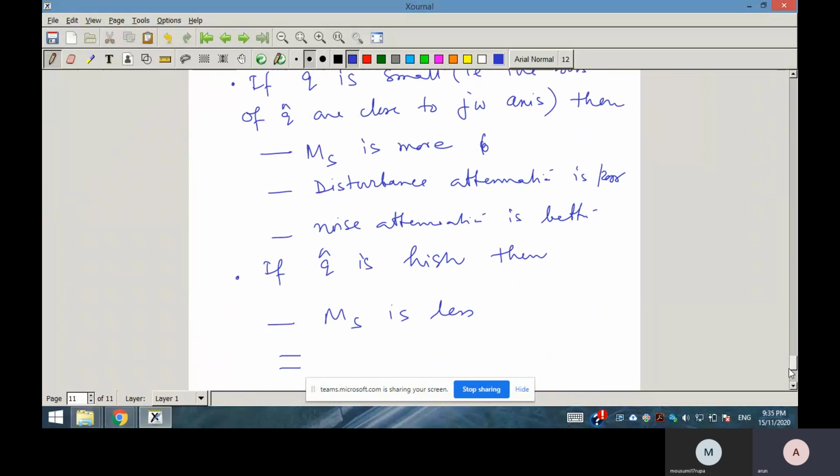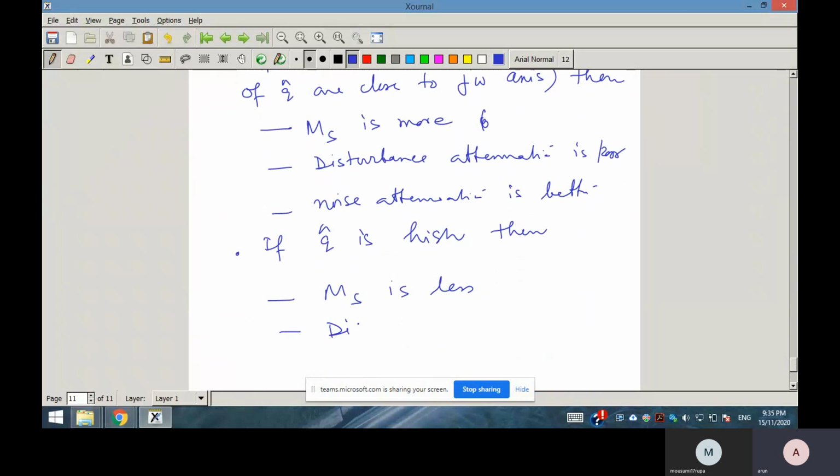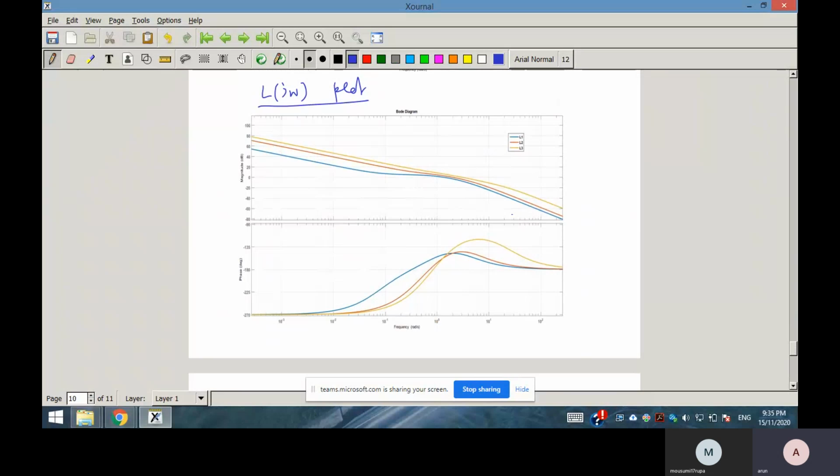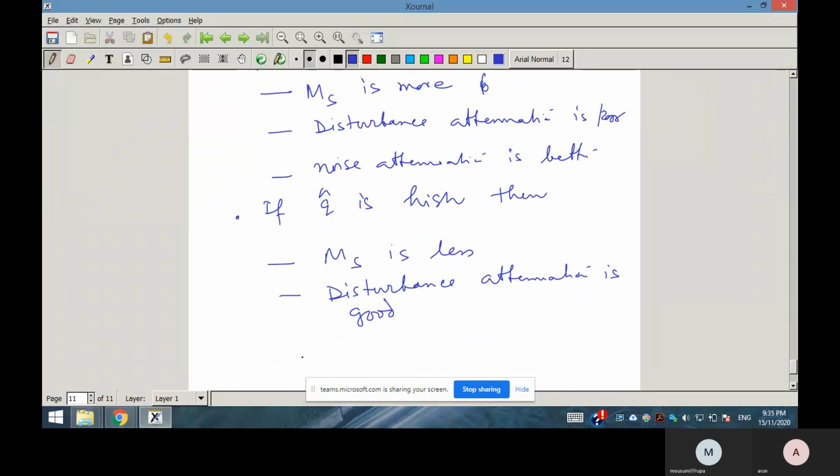That means disturbance attenuation is good. But now you see the loop gain has increased, so the noise attenuation is poor. So the ultimate thing is that you have to trade off between the two performances.